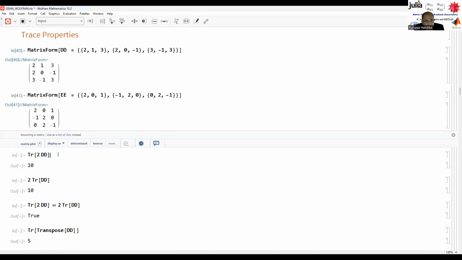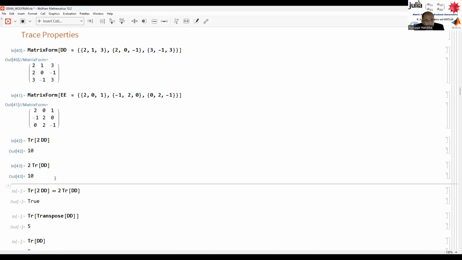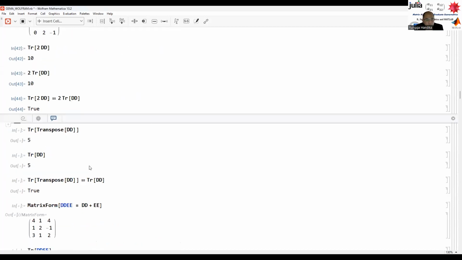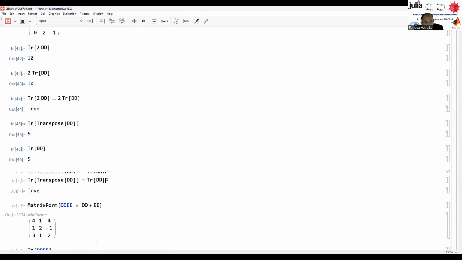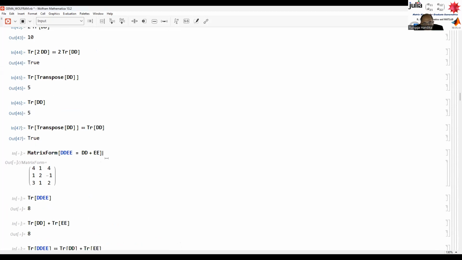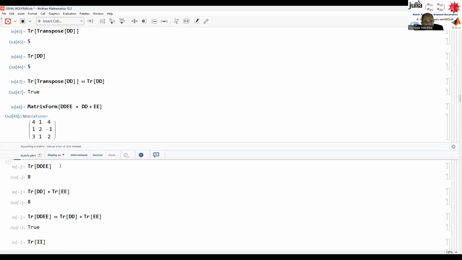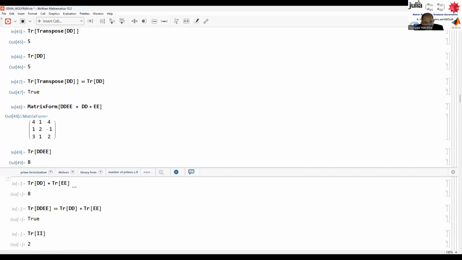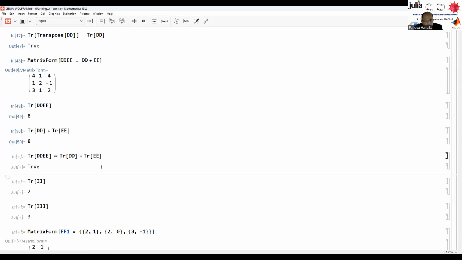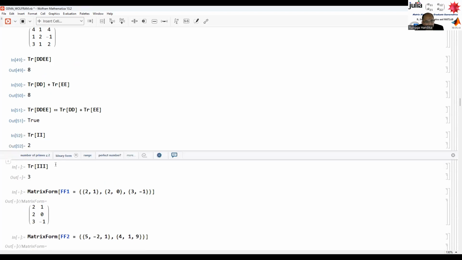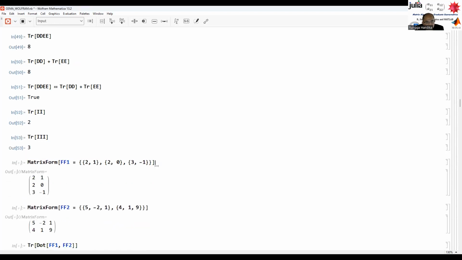The trace of a transpose and the trace of D will be the same. The trace of D plus E should be trace of D plus trace E, and so on. So you can see the trace of the identity will be similar to the dimension.